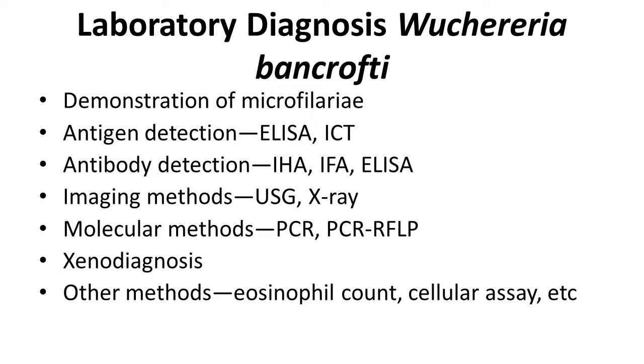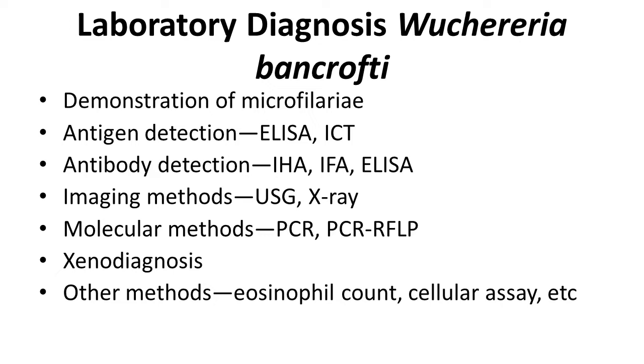The first laboratory detection is demonstration of microfilaria. We can use the blood smear directly, that means direct wet mount: take a drop of blood, and when we observe under the microscope under 40x, we can see the movement or motility of the microfilaria.